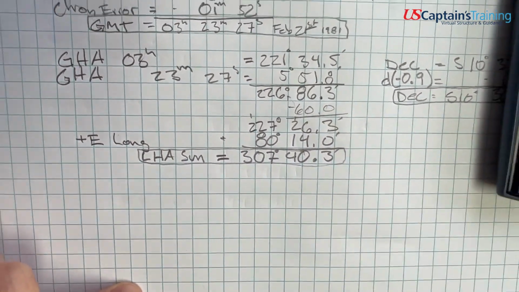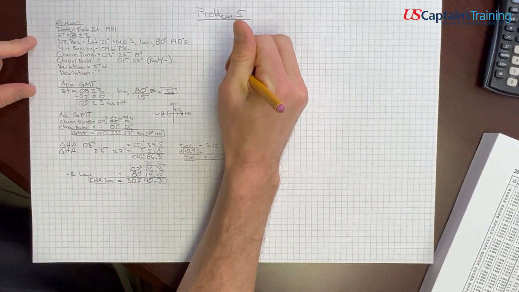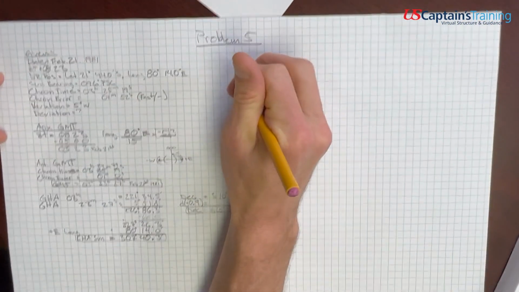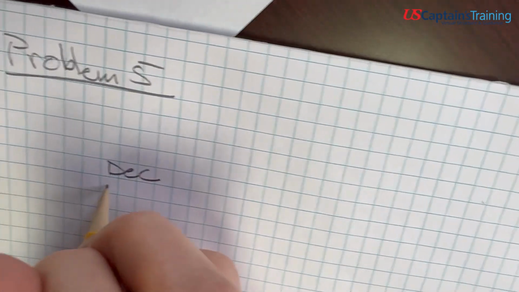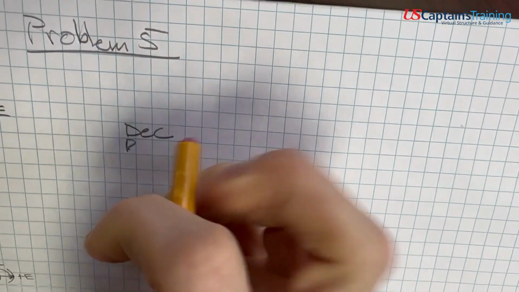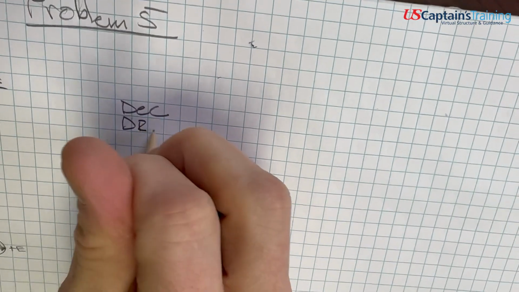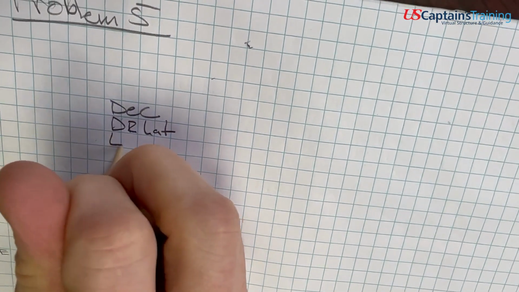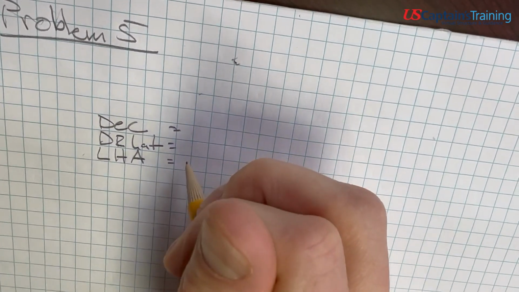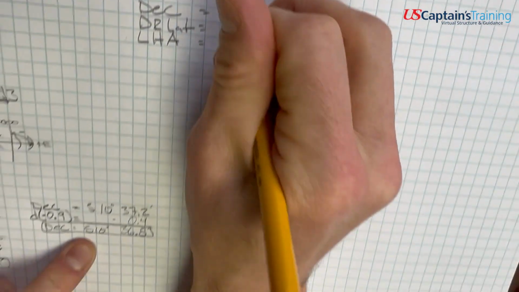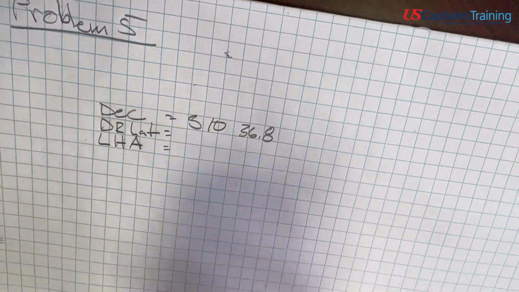Now we have the pieces we need to work with the sight reduction tables and tabulate these. So we are saying declination equals, and then we got our DR lat. Let's make that a little better. DR lat and our LHA. These are what we need. So our declination is south 10, 36.8.